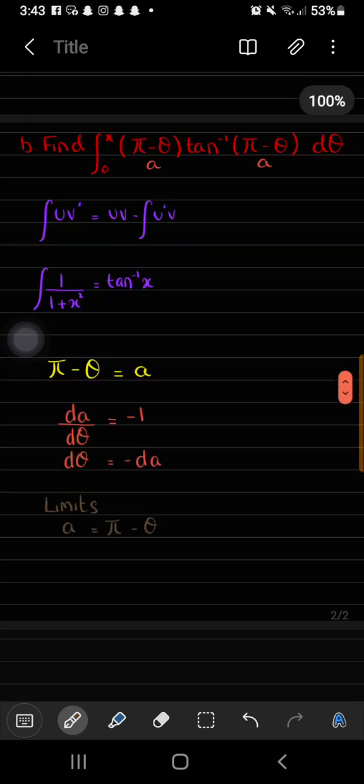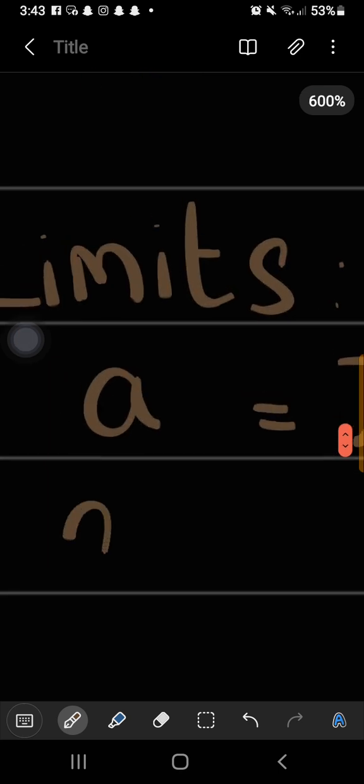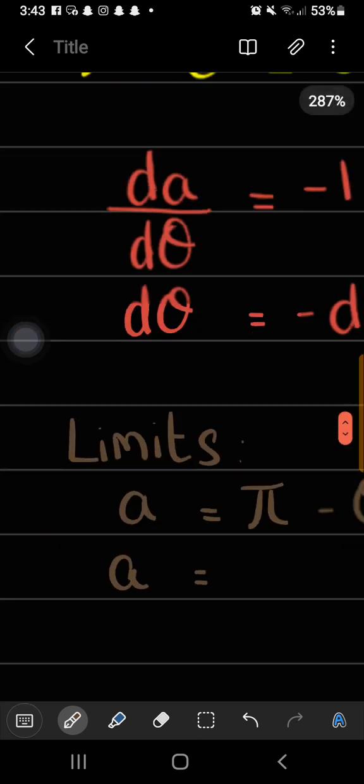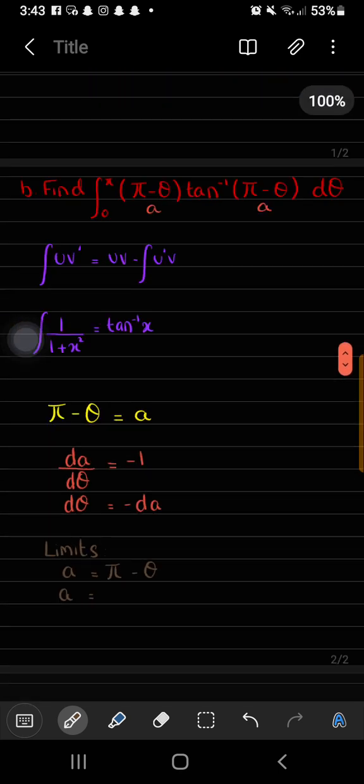As our function is a, now the new function is a is equal to pi minus theta. Wait for a bit, I have to look at one thing.